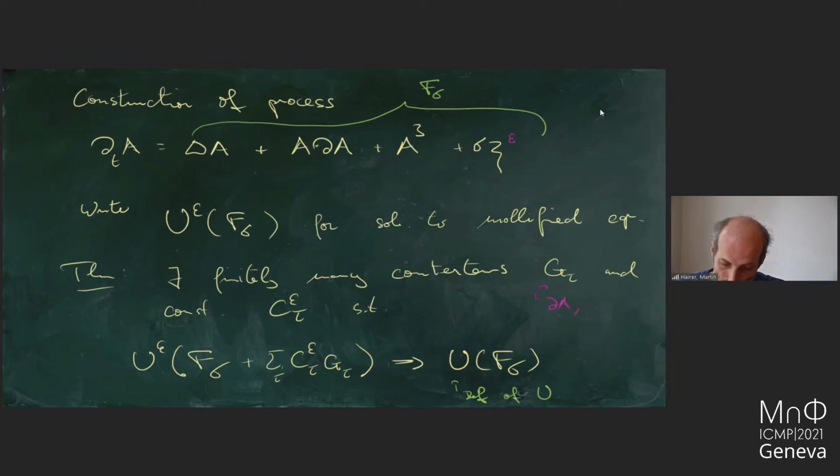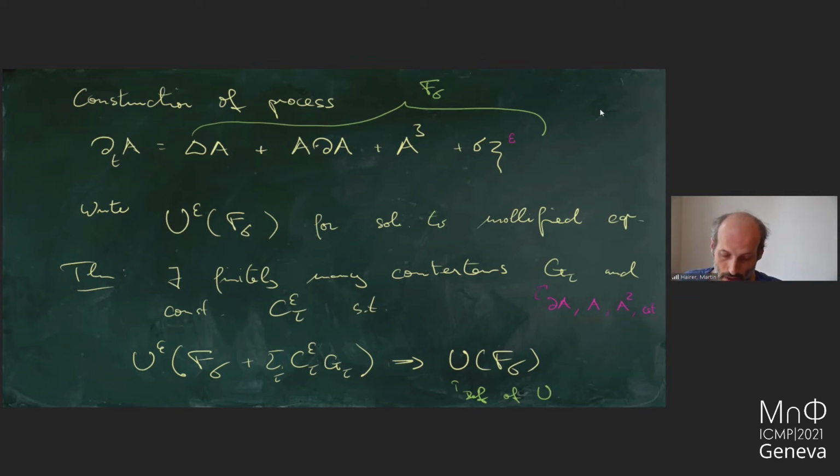I could remove the dA guy, so I get an A. And here I could remove one of the A's, so I get an A square. And I could remove all of them, and that gives me a constant. So there are essentially 4 types of counterterms that could appear.